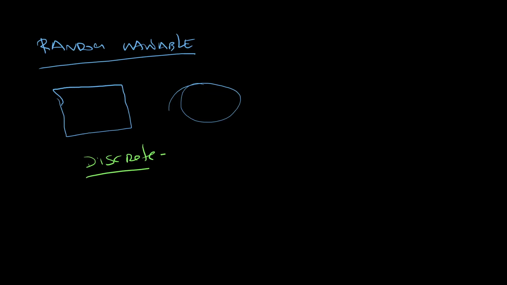So you can count the outcome. Random variables can be either discrete or continuous. Discrete variables, an example of this is when you can count it.